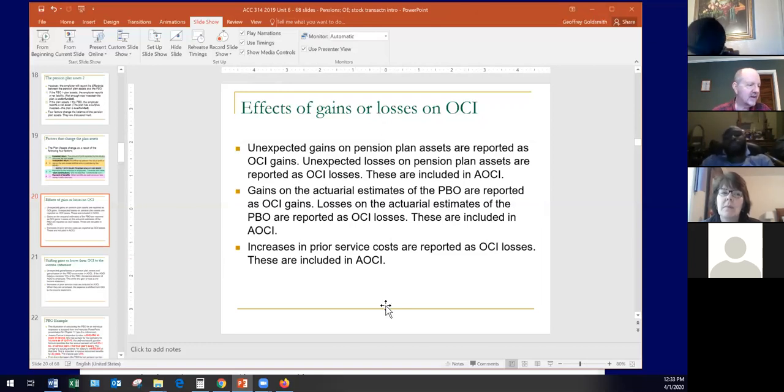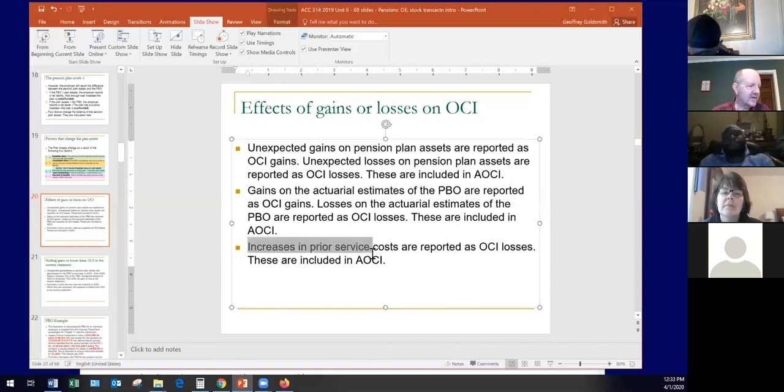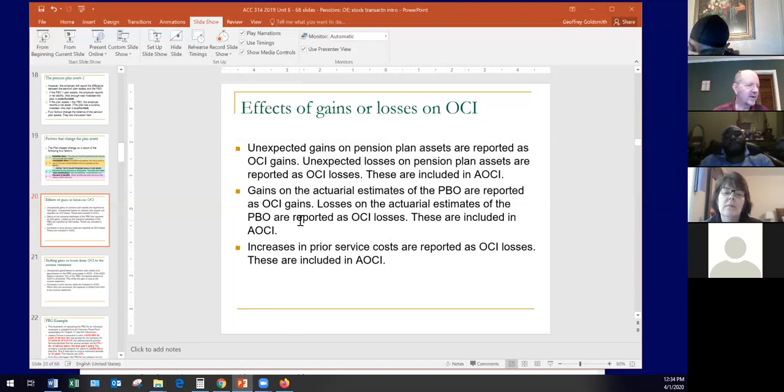And FASB said that they don't have to show that as a one-time loss. They can amortize the cost of it over the remaining average time until employees retire. And so the increased amount they owe is reported as an other comprehensive income loss, and then it's amortized over time. And we'll get to some examples of the calculations for that.